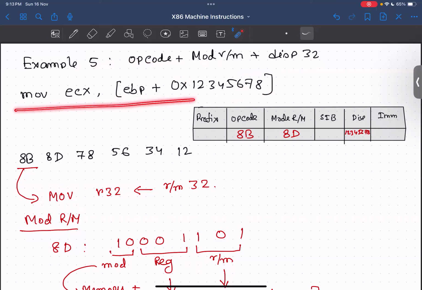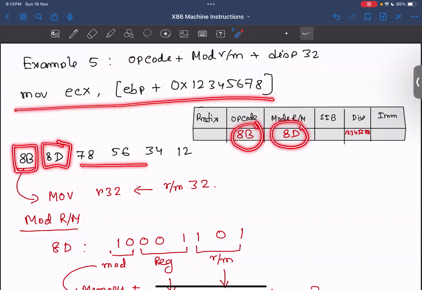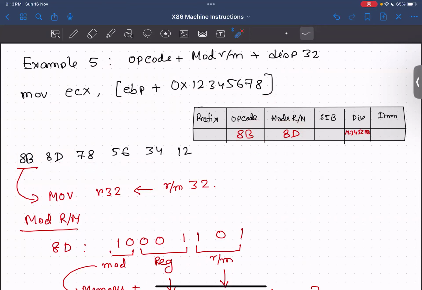So the byte representation of this whole instruction is 8B, which is our opcode, then 8D, which is our ModRM, and the rest is this displacement in the backward order. So 78563412. So 12345678. That is how you did it, right? So if I have to map it here, 8B is our opcode, 8D is our ModRM byte, and 12345678 is our displacement 32.